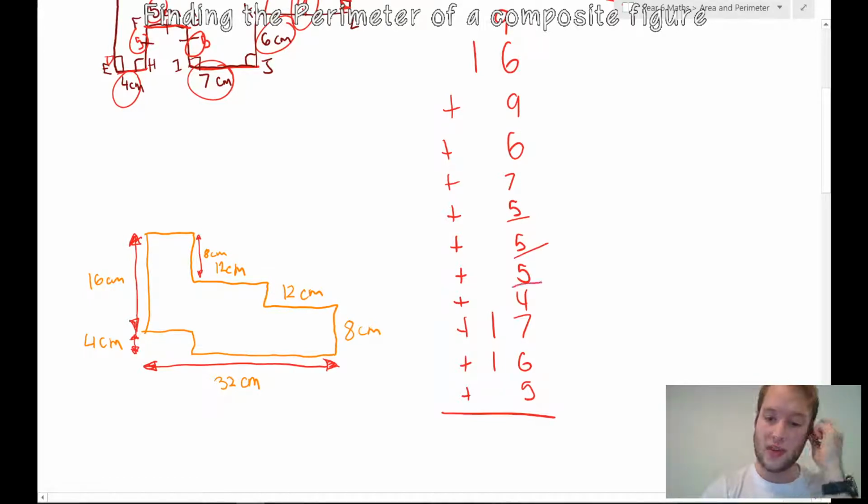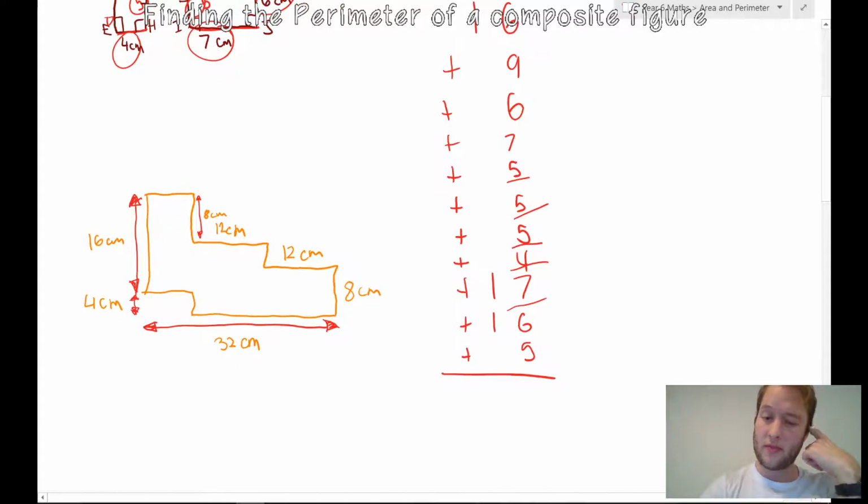And then plus 5 again, 52, and then plus 4, 56. 56 plus 7 will be 63.